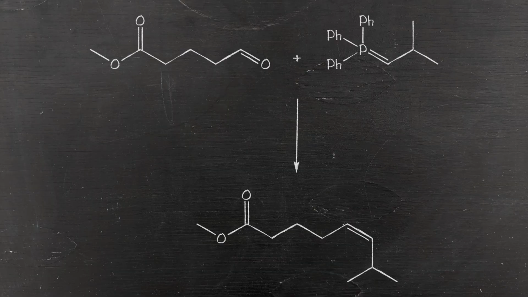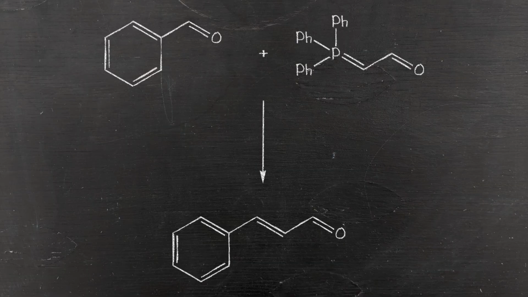For an ylid where we just have hydrocarbons or other non-electron withdrawing groups attached, we find that the stereochemistry of the product is primarily Z. Meanwhile, if we have an electron withdrawing group, something that can help stabilize our ylid, for example, a carbonyl, now we find that our product is primarily the E isomer.